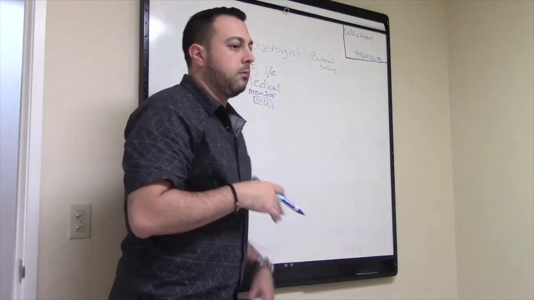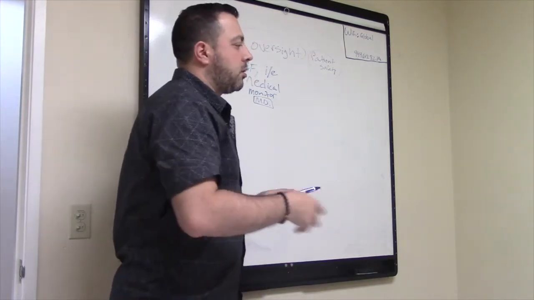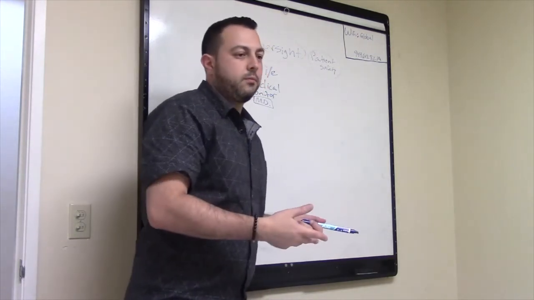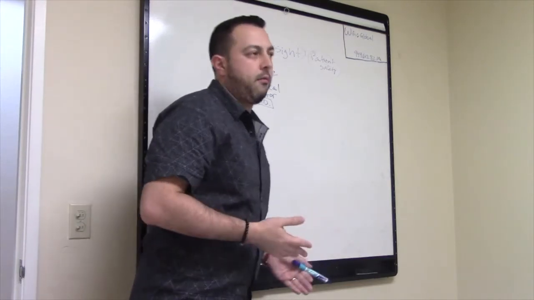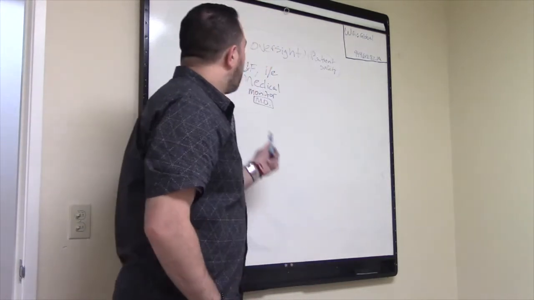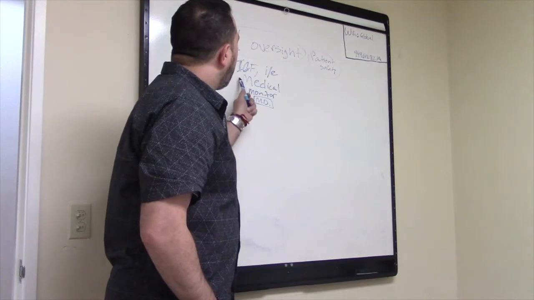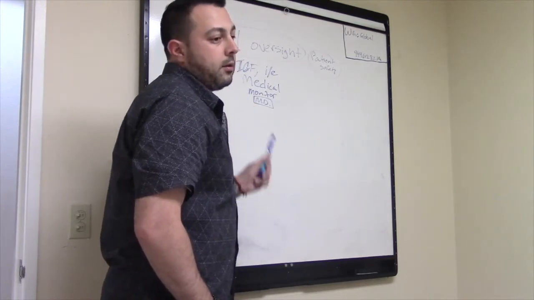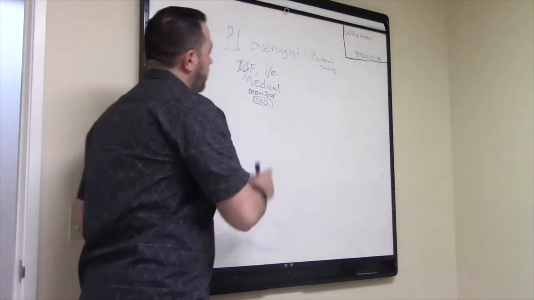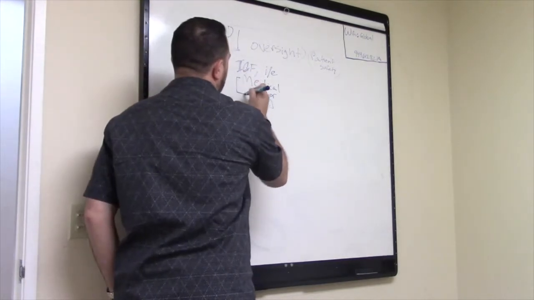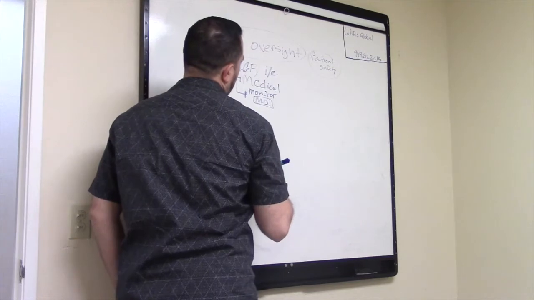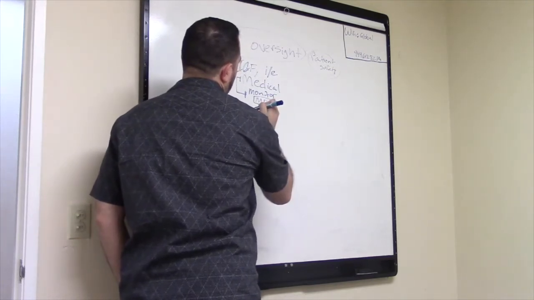Obviously if they start talking about medical stuff, most CRAs, you're not required to have a medical background. So the medical monitor needs to get involved. And the only way they allow that patient to continue is with what? The approval of the medical monitor?